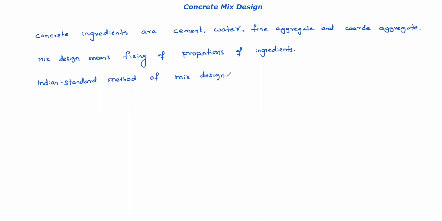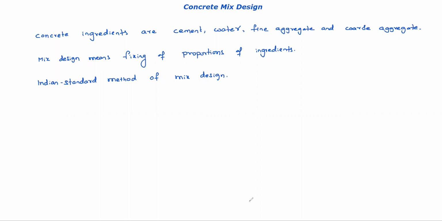Okay, so for any mix design, first we should know for what strength we are designing the mix, for what workability we are designing the mix, and of course for what exposure conditions. You know what is exposure condition, right? Mild, severe. Okay, so that is for durability.